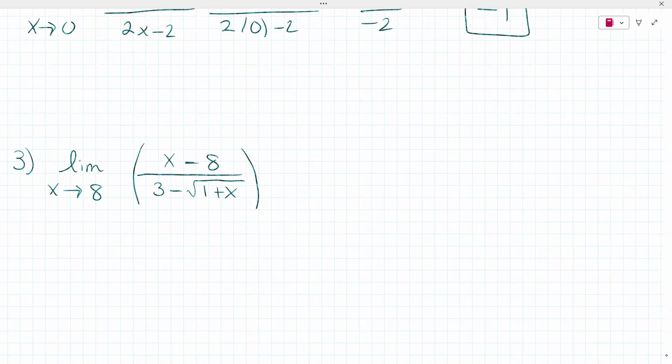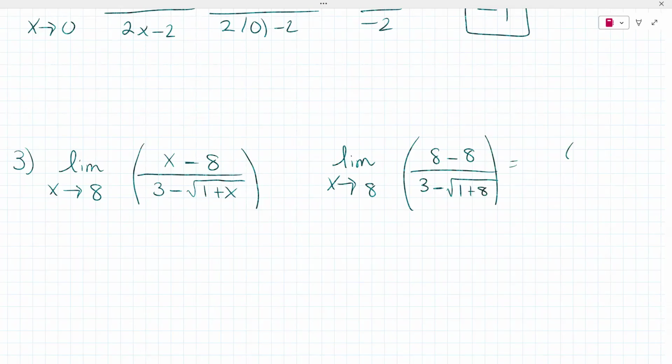If I just try chugging it in, 8 minus 8 is 0, and then this would be 3 minus the square root of 8 plus 1, which is the square root of 9, so 0. Yes, this is an indeterminate form, so that will not work.